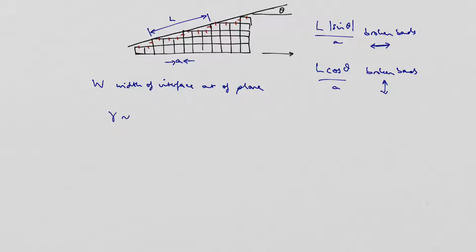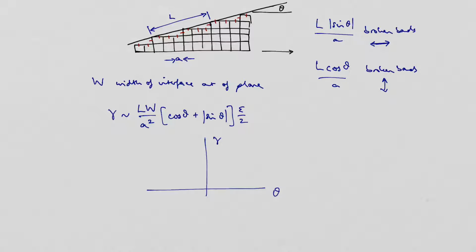Then we can say that gamma goes like L times W over A squared, the number of broken bonds, times cosine theta plus the modulus of sine theta. I'm taking the modulus because it doesn't matter whether it's at this angle or at this angle, the number of broken bonds is the same. And each of those we've always costed at epsilon over 2. So gamma looks roughly like this.